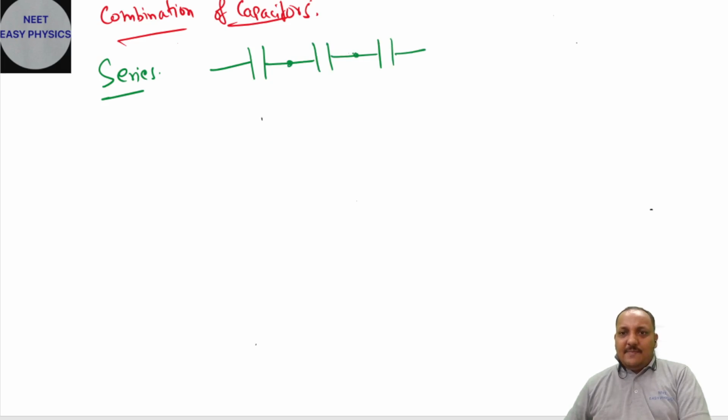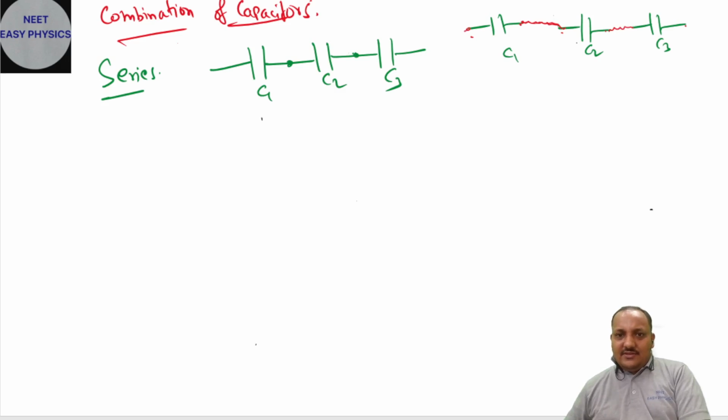If 3 capacitors, C1, C2, C3, are connected like this, the second end of the first is connected with the first end of the next, end to end, and these outer ends are free. This combination we will call series.